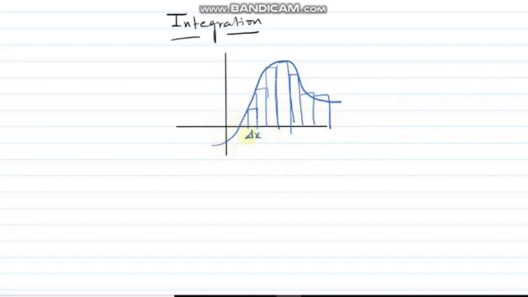Now if I add the area of these slices, we'll get the area of the curve. But if you look, there are some portions which are not covered, these portions, right? So we are not going to get the accurate area.